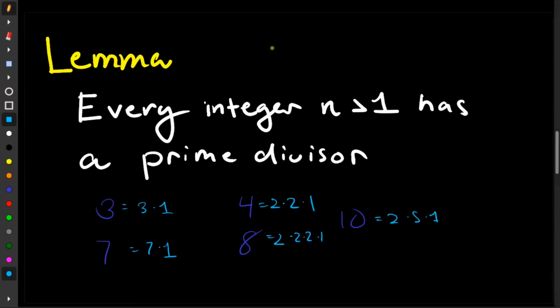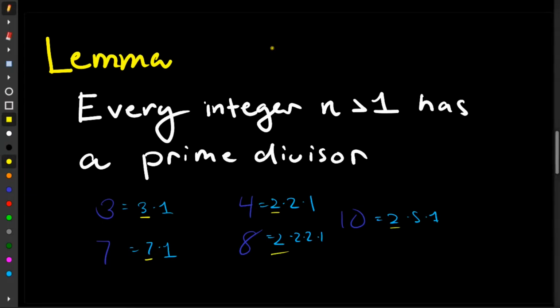So observe that we can write all of these with a prime divisor in it. We won't be proving this one since we'll be focusing more on our actual theorem. So just take note of this lemma.